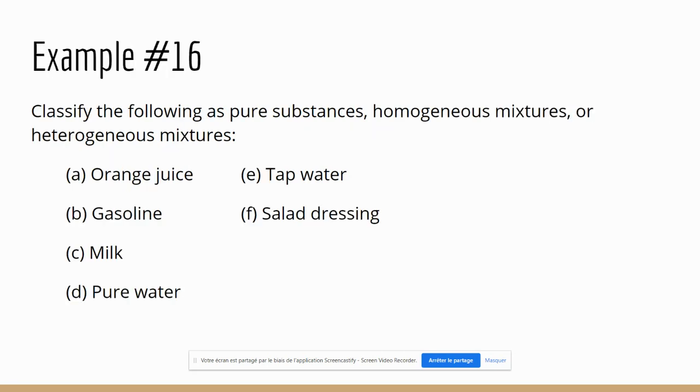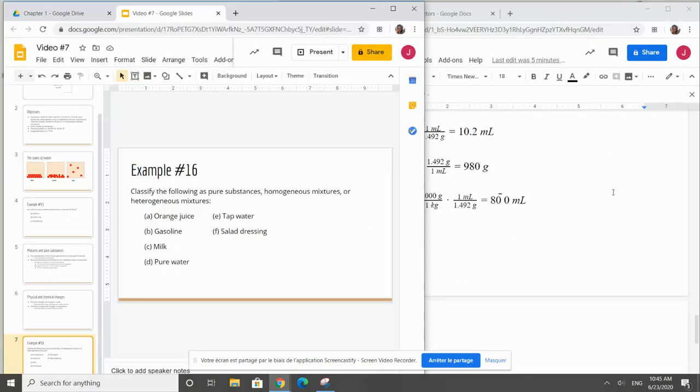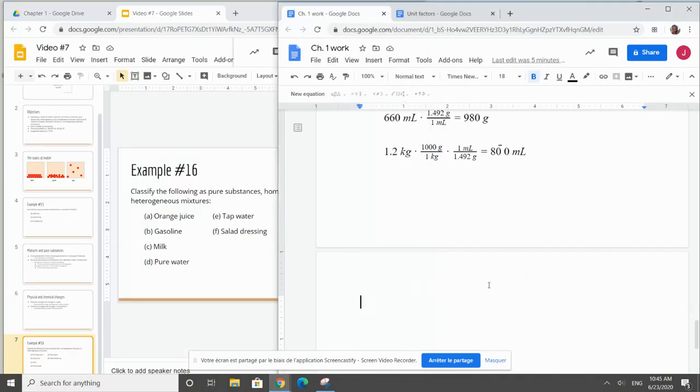Pause here. All right, I'm going to work through this with you. And as we work through it, I'll give you some general guidelines. Generally speaking, anything from a plant or animal, and the vast majority of foods, will be heterogeneous.